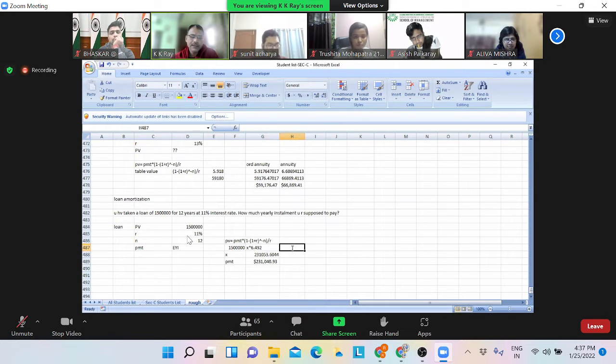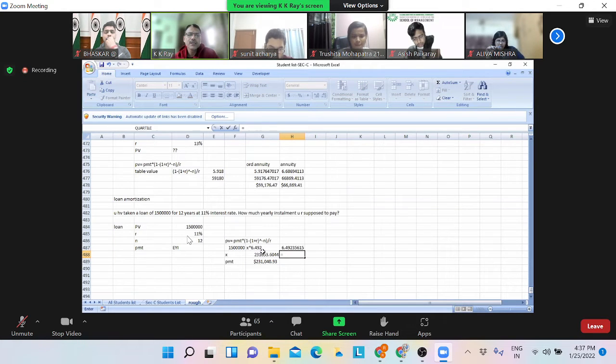Let's calculate the table value: 1 minus (1 plus r) to the power minus n, divided by r. So the exact table value is this.